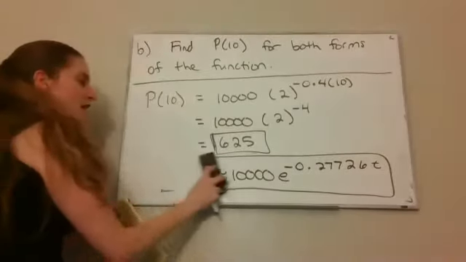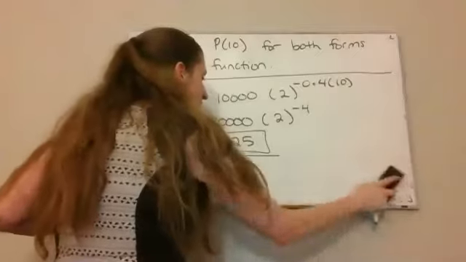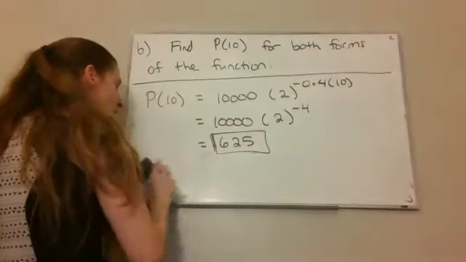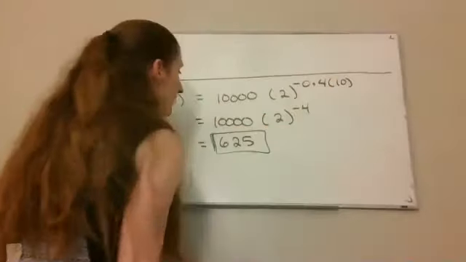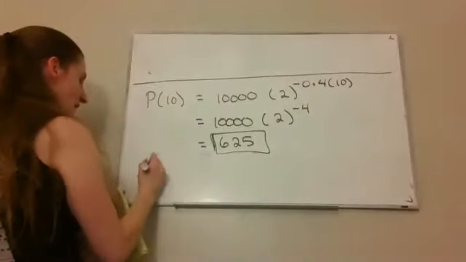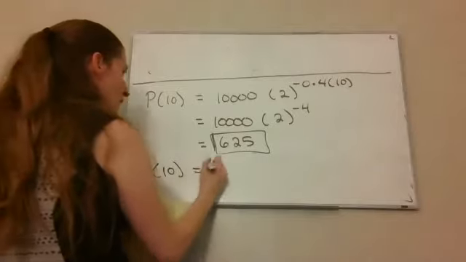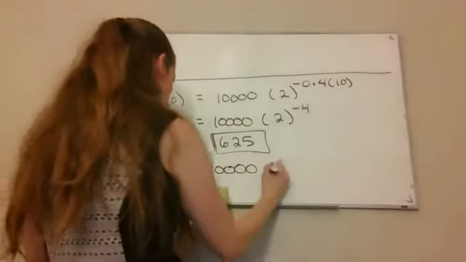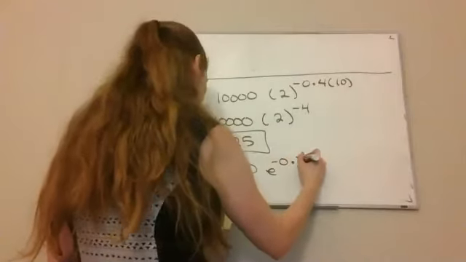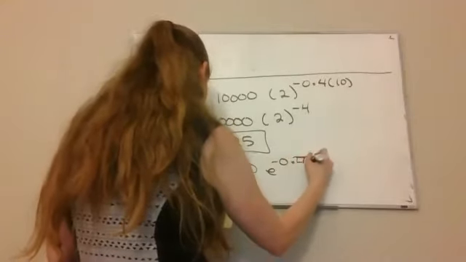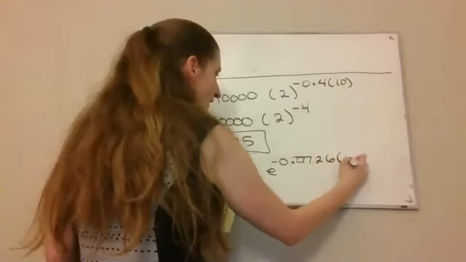Now let's see if P of 10 is still 625 using the other form. It should be. So using the other form, we have 10,000 e to the negative 0.27726 times 10.